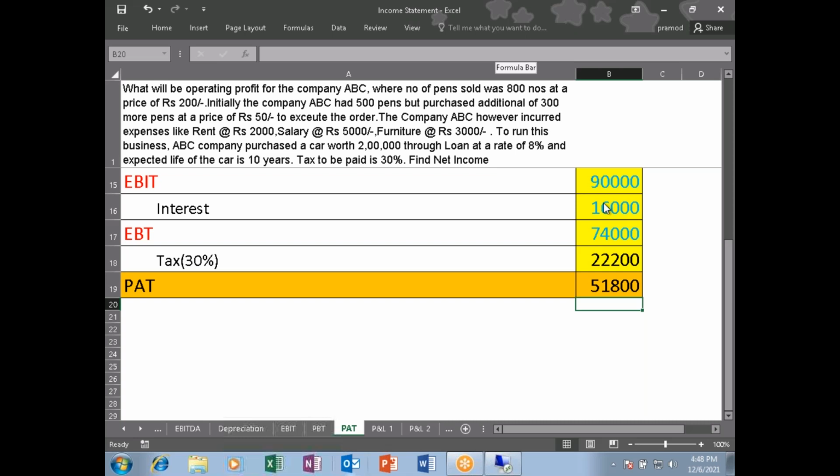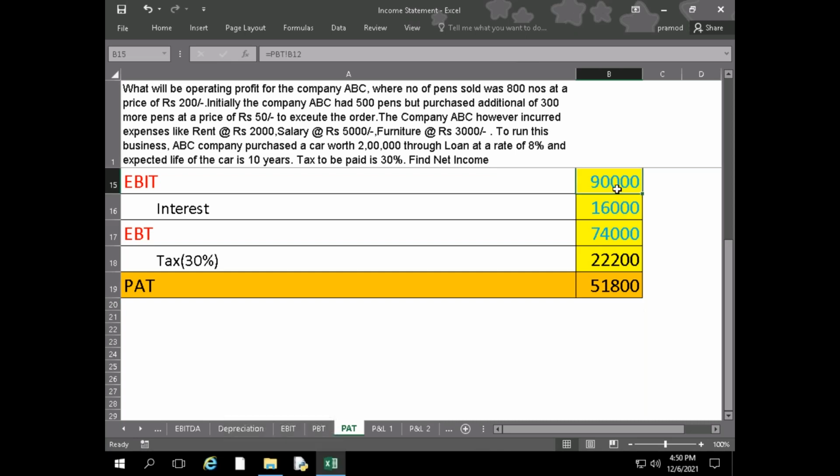Sure, show, sir, EBIT. How much? So it is 90,000. Yes, sir. I also got 90,000 EBIT. Interest?